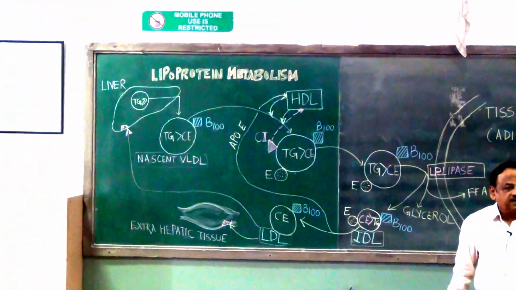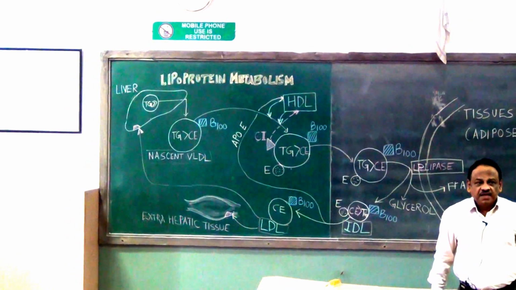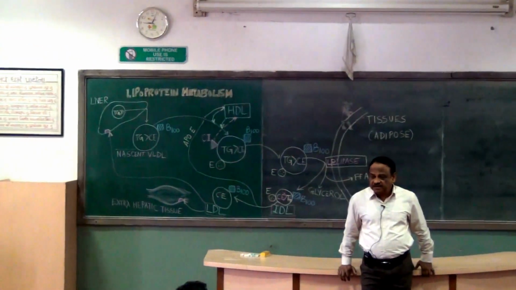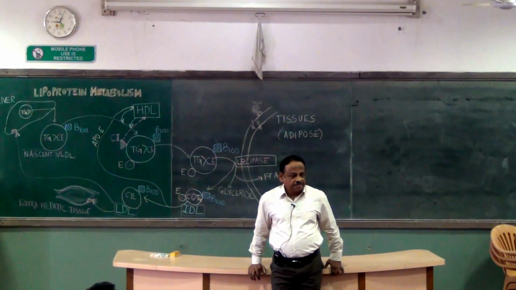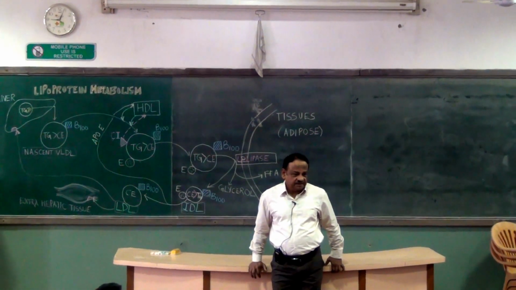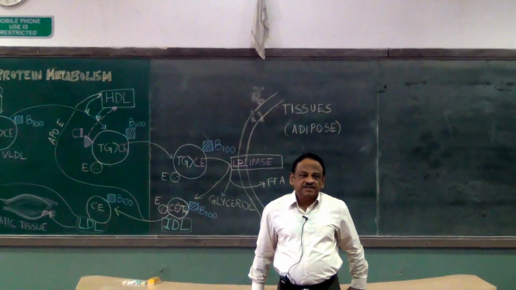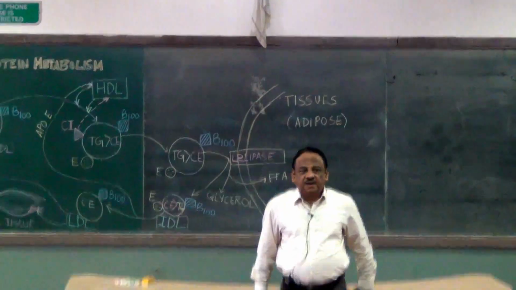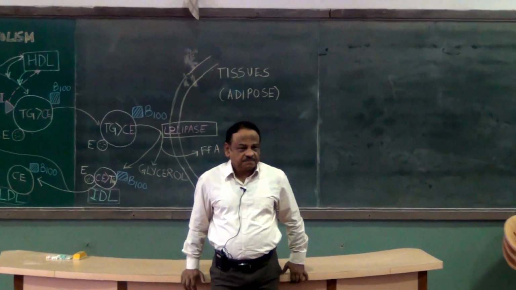Now after another 1 or 2 hours, you can see that these chylomicrons disappear and the plasma becomes transparent. It becomes clear. That means the chylomicrons have been removed with the help of lipoprotein lipase.